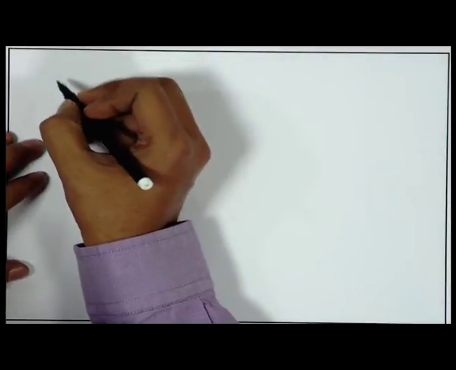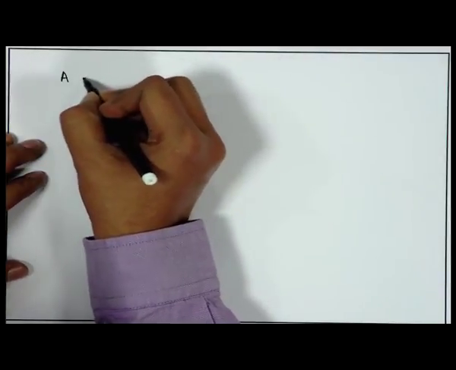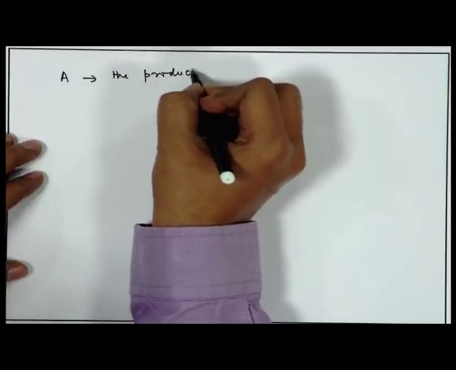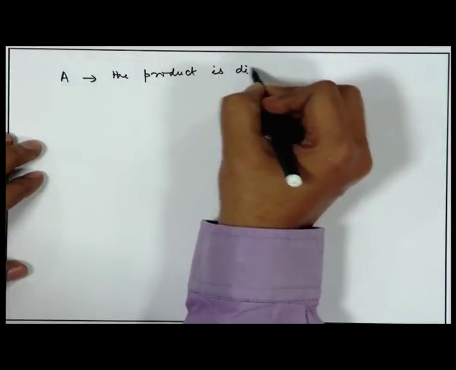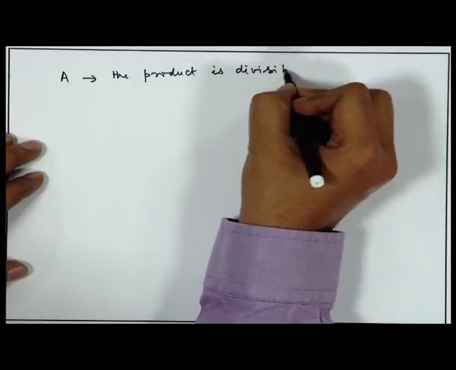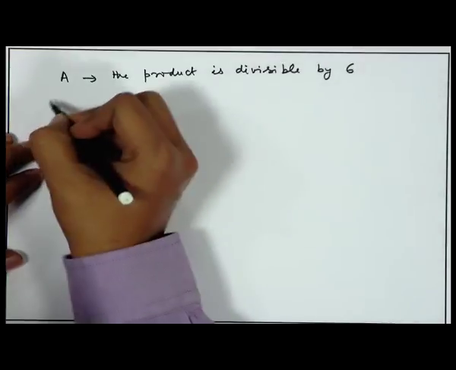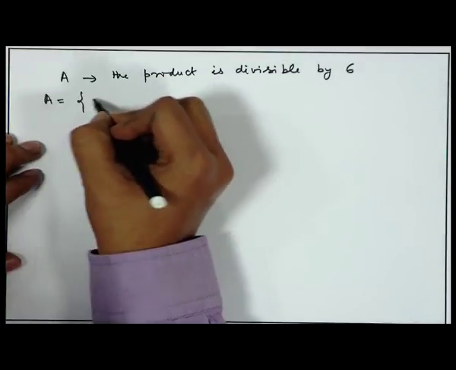So, let us look at that. So, let me define the event A, that the product is divisible by 6. Then what are the elements?